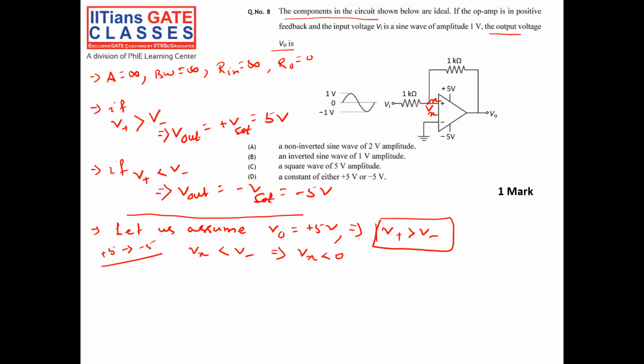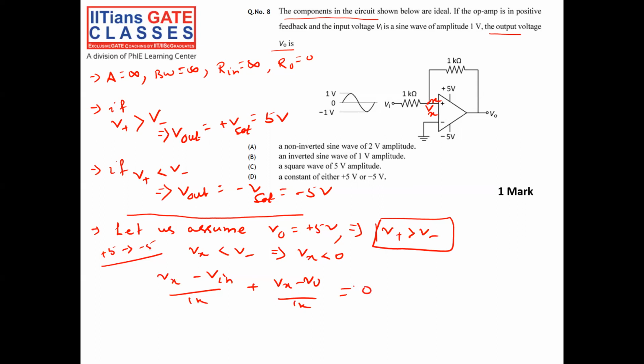So how will it happen? First you see this voltage Vx. I put a nodal equation at node X: (Vx minus Vin) by 1k plus (Vx minus V0) by 1k is equal to 0.